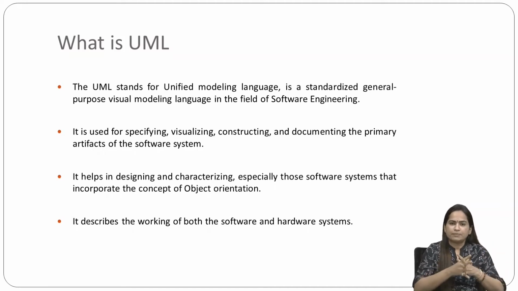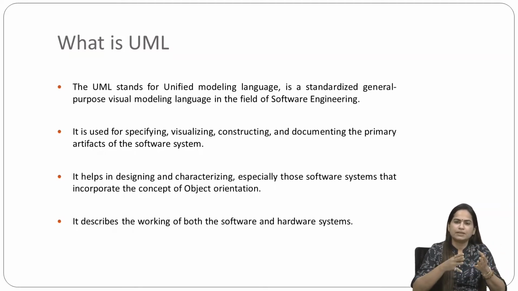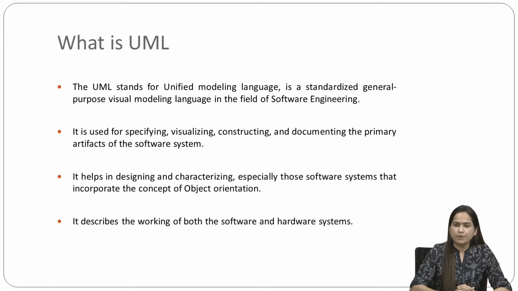So what is UML? We can say UML stands for Unified Modeling Language. It is a standardized general purpose visual modeling language in the field of software engineering. It is used for specifying, visualizing, constructing and documenting the primary artifacts of the software system. It helps in designing and characterizing especially those software systems that incorporate the concept of object orientation.